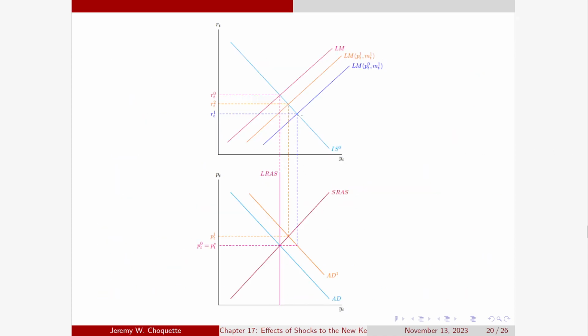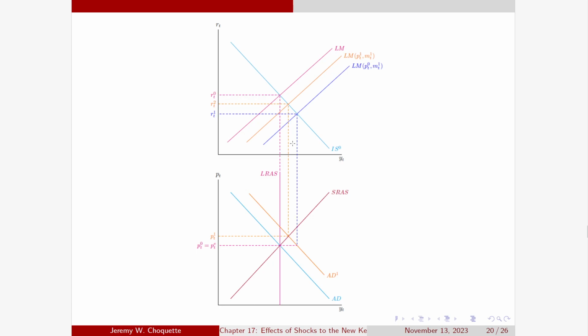So the LM curve shifts back inwards. Remember, the pink was the initial LM curve. Blue is the second LM curve. Orange is the third LM curve. I would say final, but it's not really, because this is just the short run. Long run would really be the final. But let's just say, at least in terms of the short run, this would be the third and final LM movement.